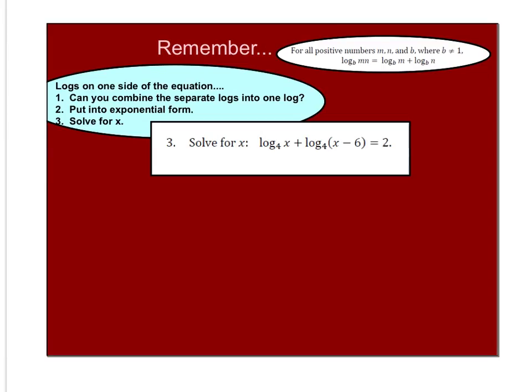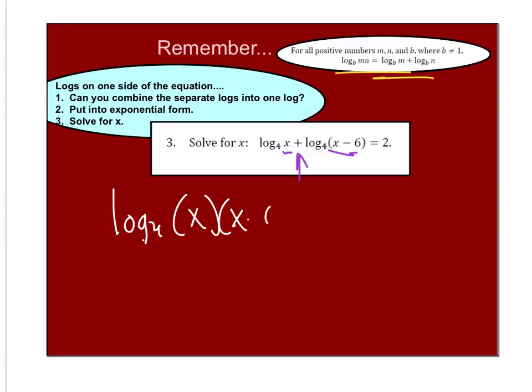So how can I solve with this? I'm still going to use this property, except I'm going to go a step further with it. So now I'm going to work backwards. If that's addition, that means I can put this and this together. So I'm going to put this all in one thing. Log base 4 of x times x minus 6 equals 2.